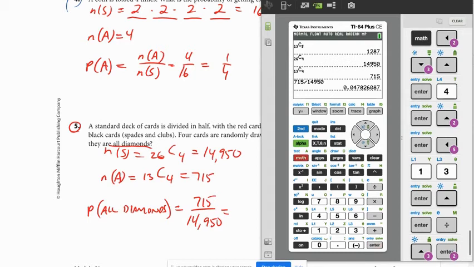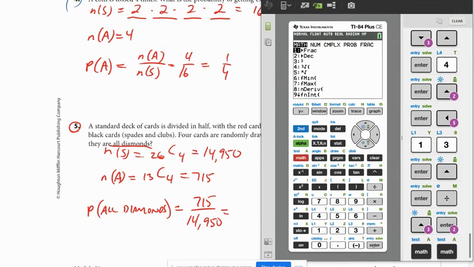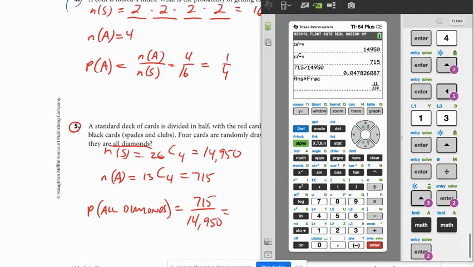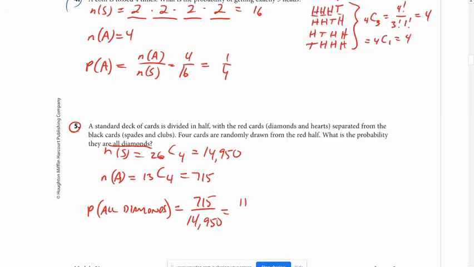And we can also go math, frac and see if we can simplify that any. So that simplifies to 11 over 230, or about 4.8%.